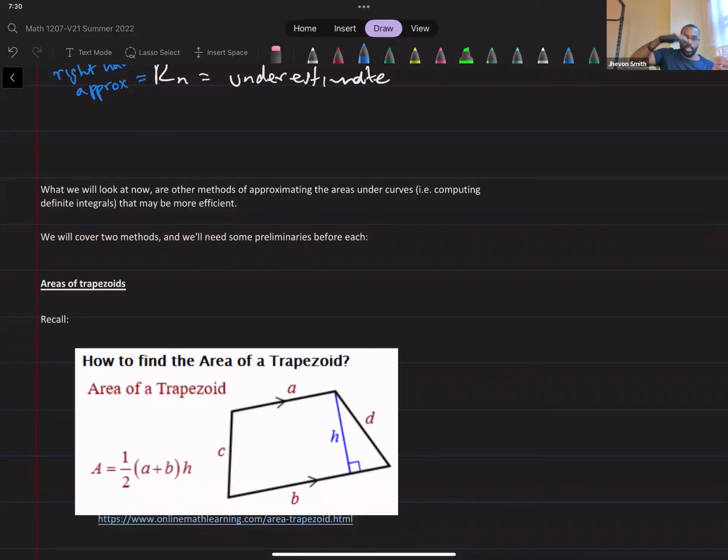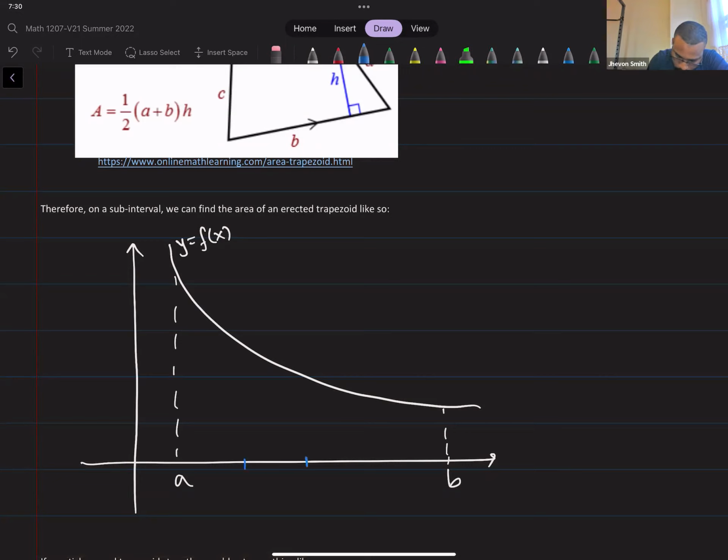So in this case, we have our function here, and between A and B, let's say we have 4 subintervals again. What we want to do is instead of using rectangles, we would use trapezoids.